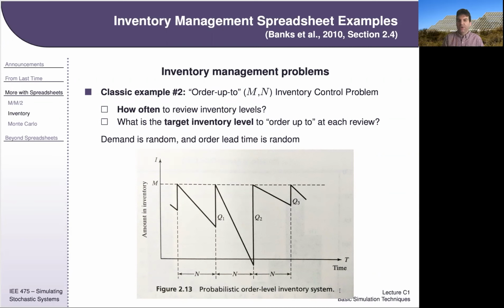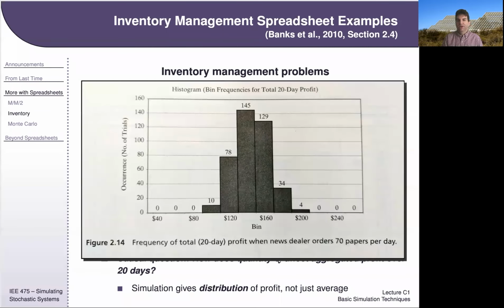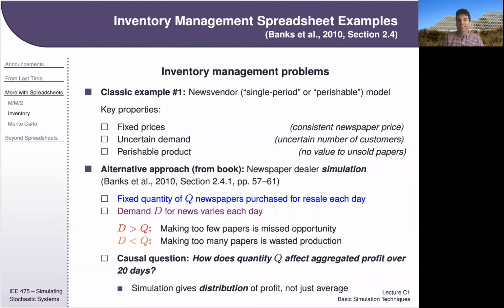Before I get to that, are there any questions about the newsvendor problem? The basic idea is that we're not actually focused on newspaper sales, but we're using newspaper sales as a model for whenever you need to stock up an inventory of perishable goods.